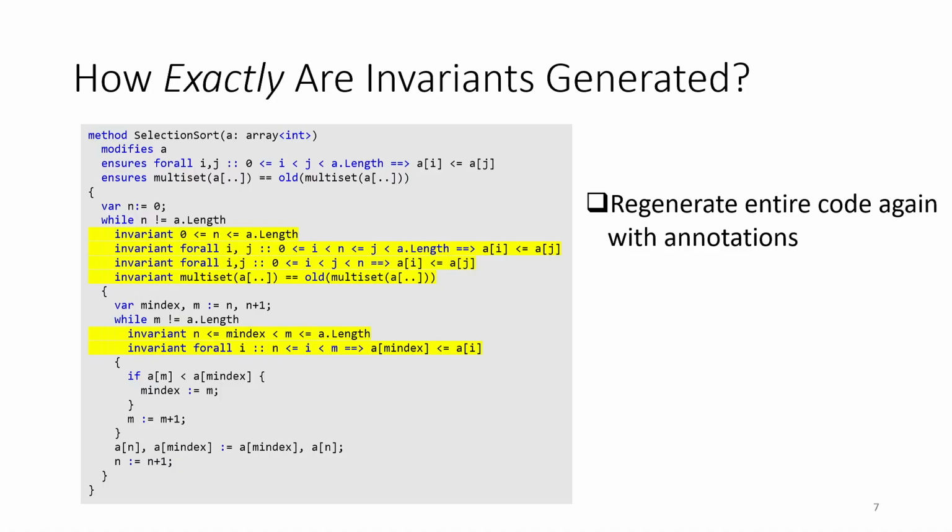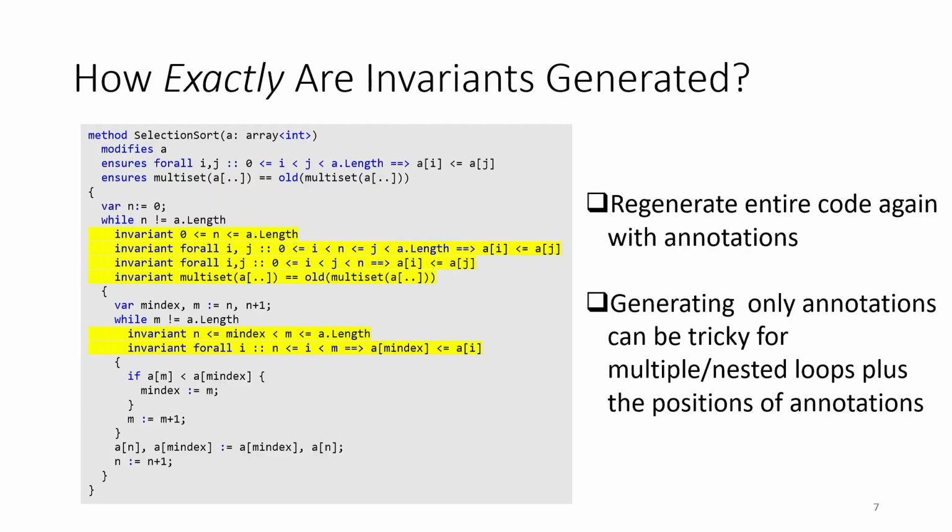One key detail I have skipped is how these annotations are generated. The common technique used in prior works is to regenerate the entire code with these annotations. This is done because there can be nested loops, and you need to insert assertion statements to guide the Dafny verifier at different program locations. So it's easier to regenerate the entire code with annotations.